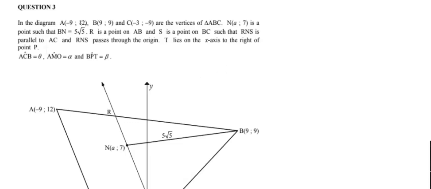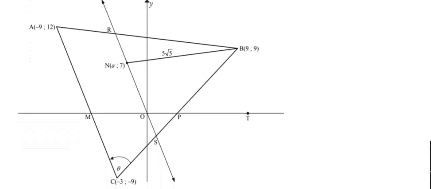Question 3. In the diagram, A with coordinates (-9, 12), B with coordinates (9, 9), and C (-3, -9) are the vertices of the triangle ABC.